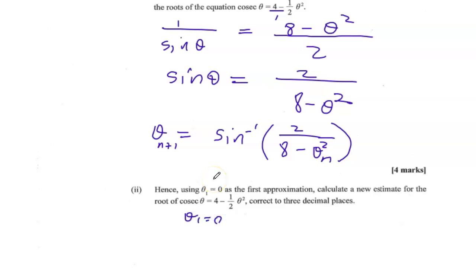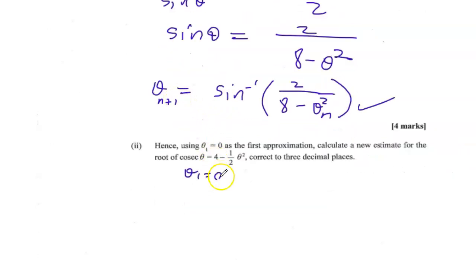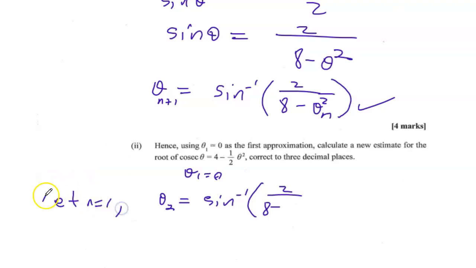Alright, so using this formula here, if we let n be 1, then theta 2 would be sine inverse 2 over 8 minus theta 1 squared.